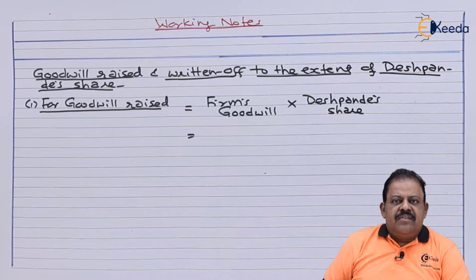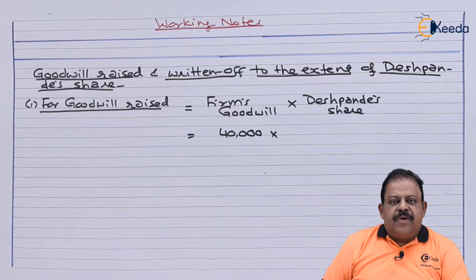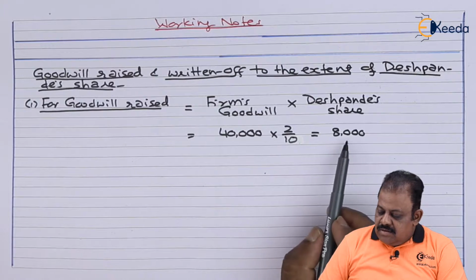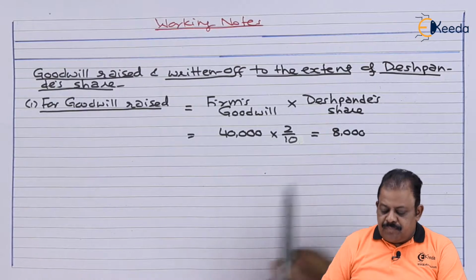Firm's goodwill here they have given rupees 40,000. Deshpande's share 2/10. Goodwill raised. Deshpande's share will be rupees 8,000.